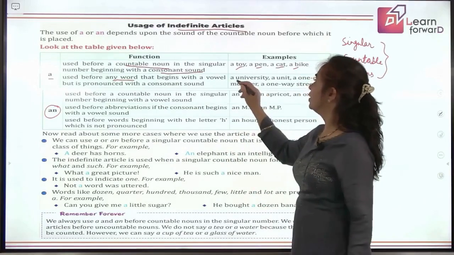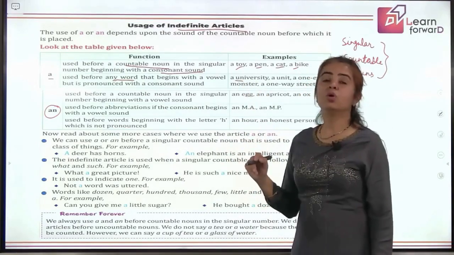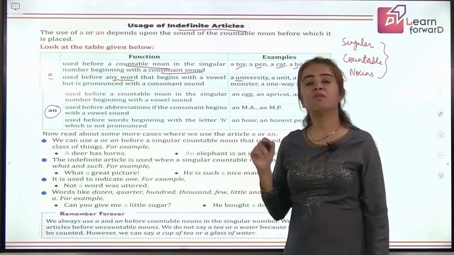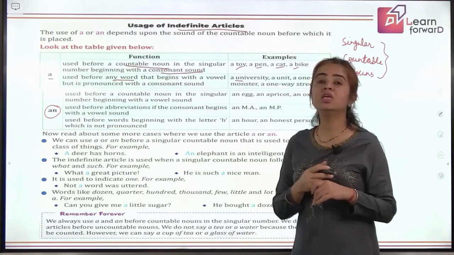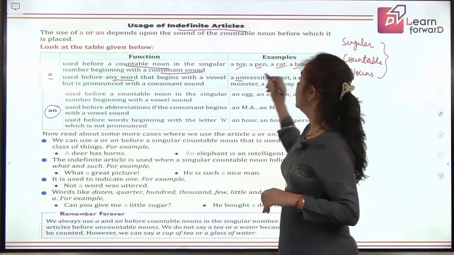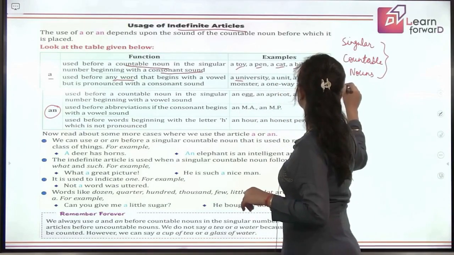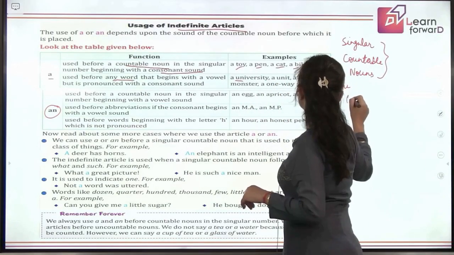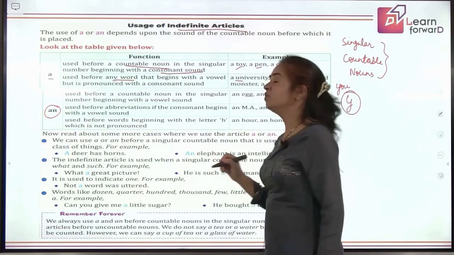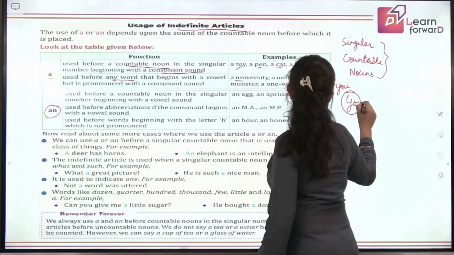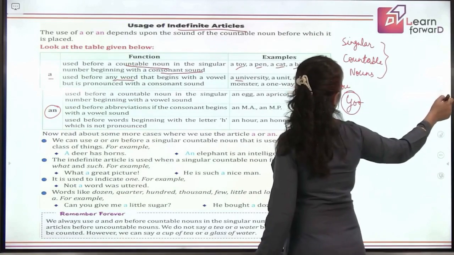For example, a university. So although it is starting with the vowel U, but when you are saying the word, it is a yu sound that is coming, children. It is not the u sound. It is the yu sound that is coming.